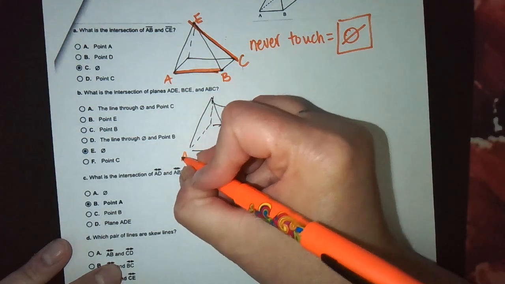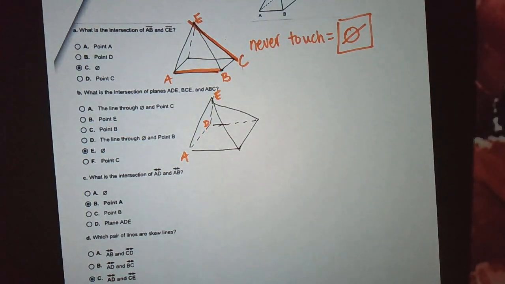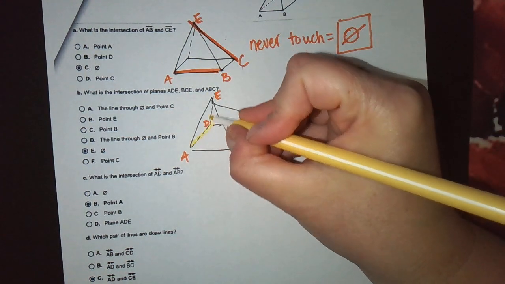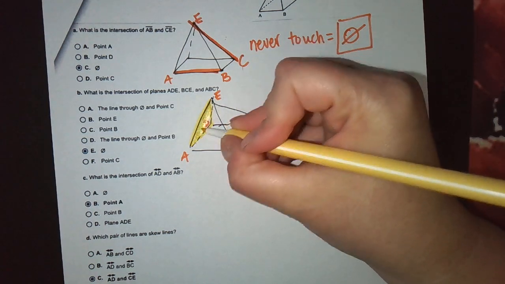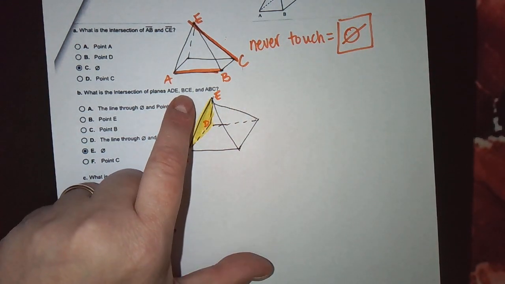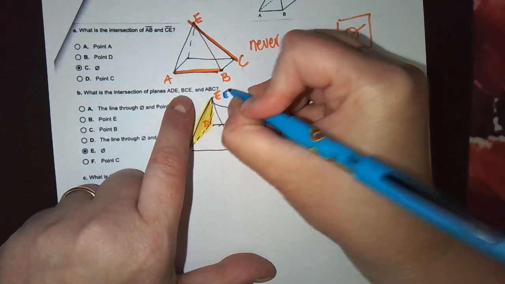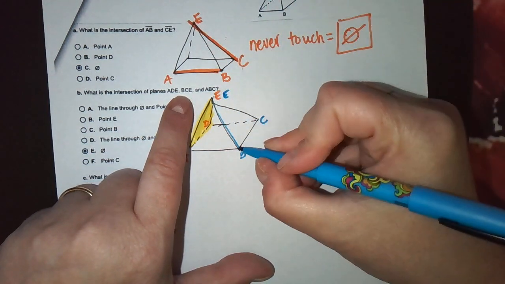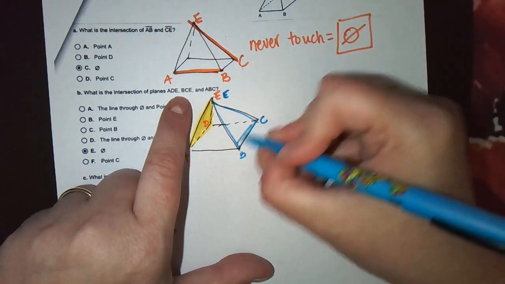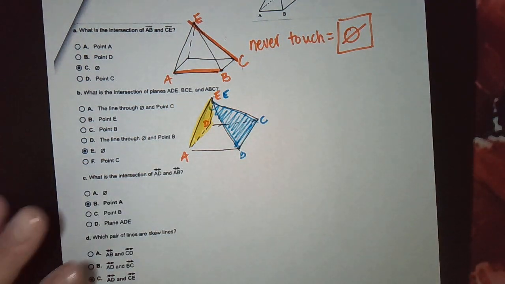ADE looks like this side triangle, the left-hand piece. BCE is this right-hand side of the prism. Then it says ABC.